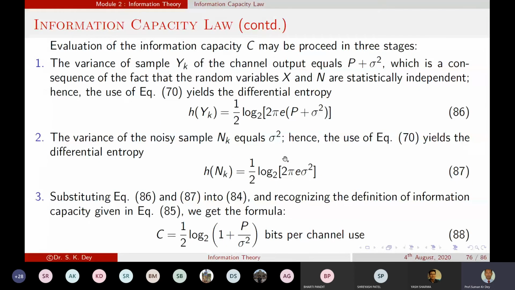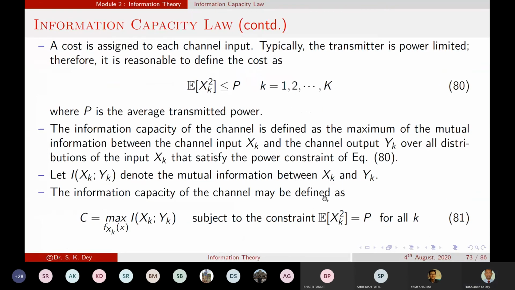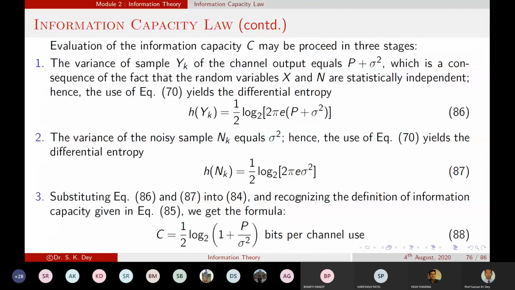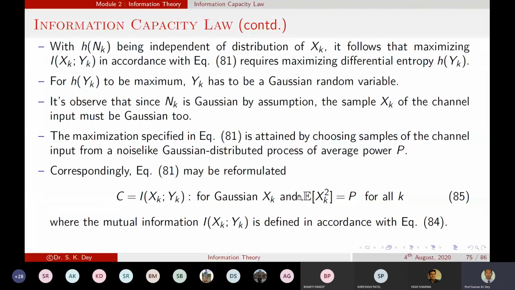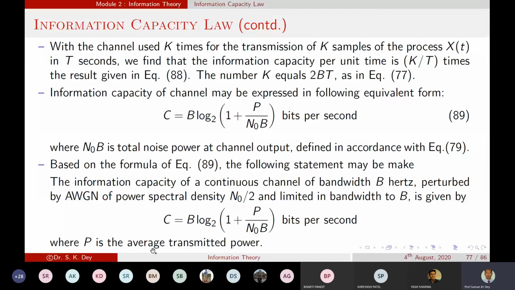According to equation 79, this gives the channel power. P is the average power of your source, the average transmitted power.